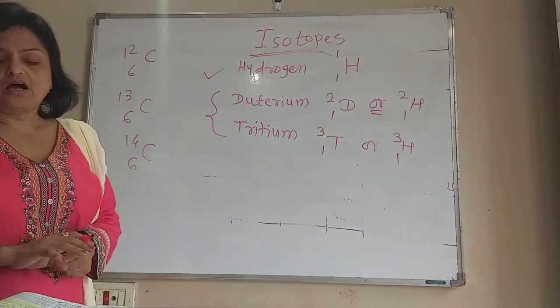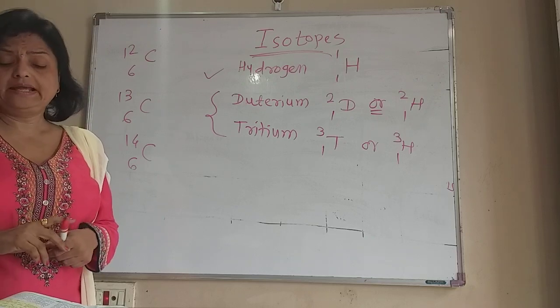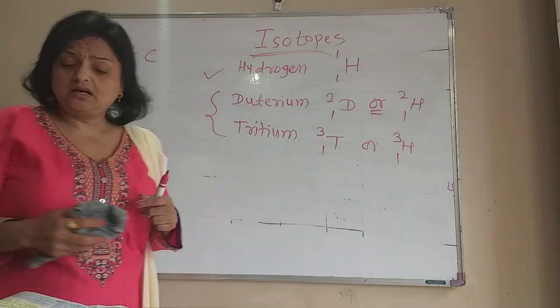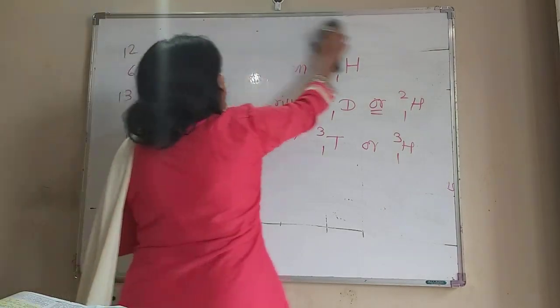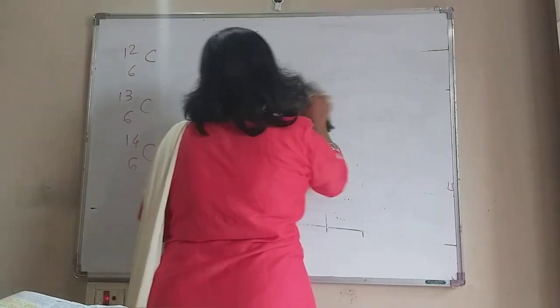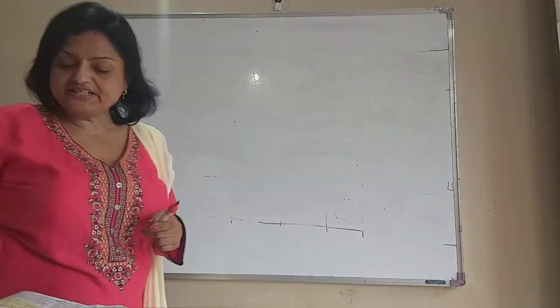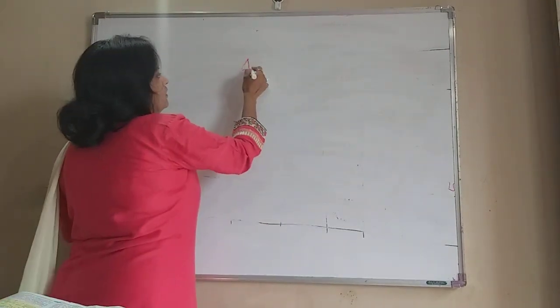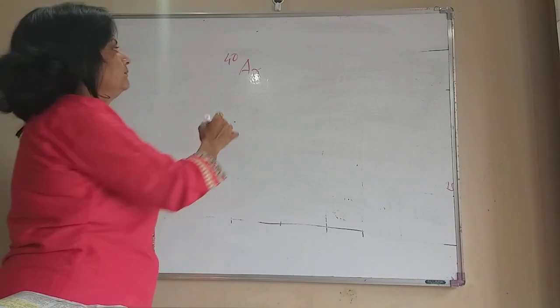Now there are isobars also. First, let us take some examples. They ask us to find out the number of protons, electrons and neutrons in this nuclide. Now what is the nuclide? Argon 40 and that is 18.